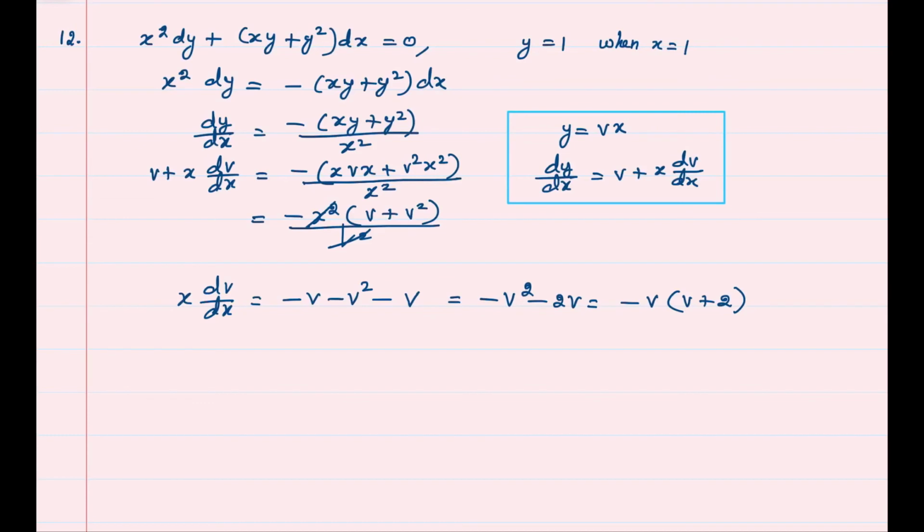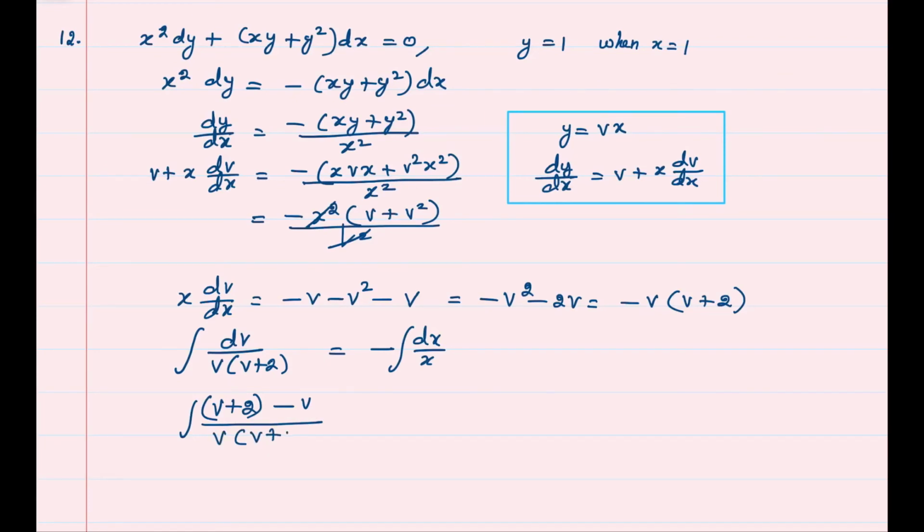We will separate the variables. dv upon v times (v plus 2) is equal to minus dx upon x. Integrating both sides. The left hand side can be done by partial fraction method, or we can open the brackets and use completion of squares method, or we can write the numerator as (v plus 2 minus v) divided by v times (v plus 2).